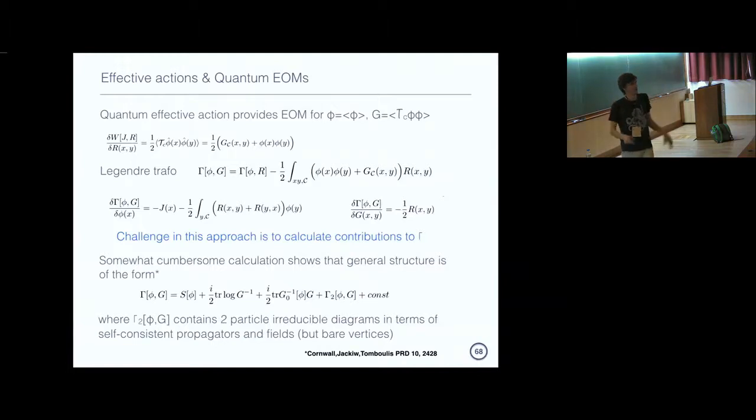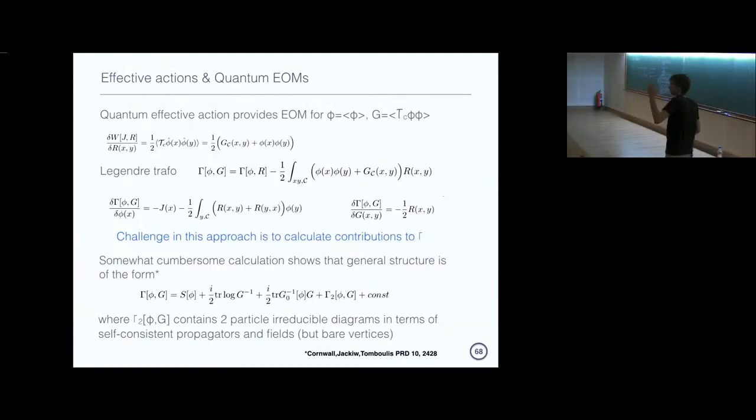Now we're trading the dependence on this 2-point source R for dependence on the self-consistent propagator G. So we can do this other Legendre transform, we do this here, and then again we get an effective action which depends on the field and the propagator.